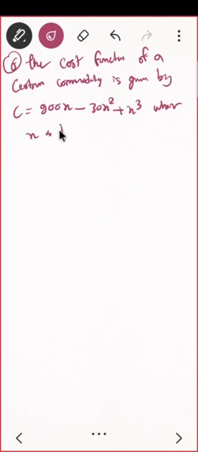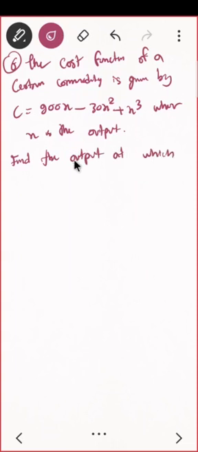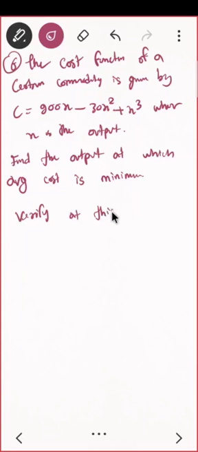Find the output at which average cost is minimum. Verify at this cost AC is same as MC.